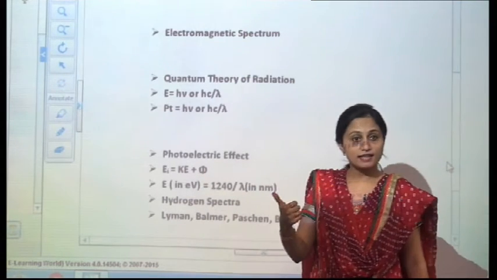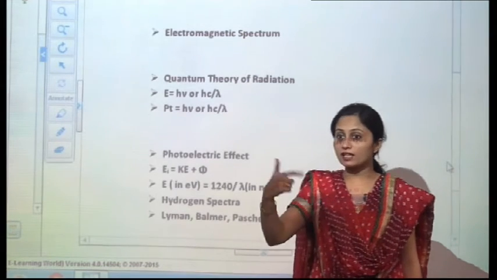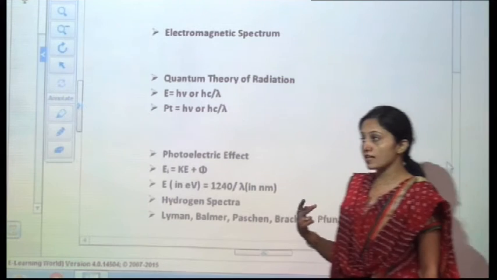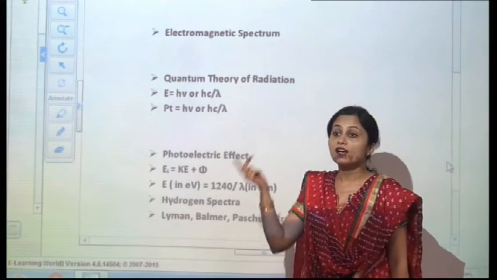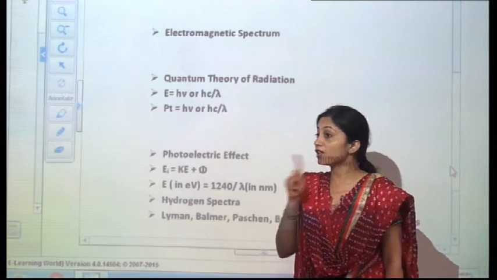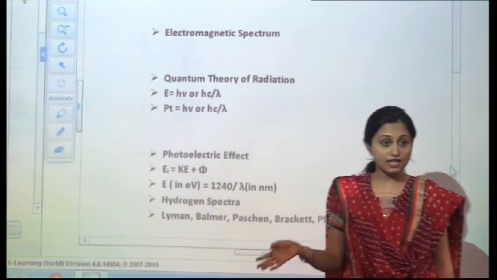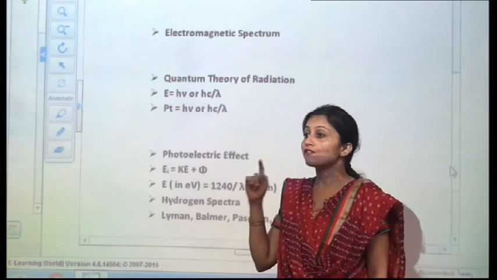There were four important postulates of the photoelectric effect. One, you need the threshold frequency or the threshold energy for the electrons to be ejected. The second was that the kinetic energy of the ejected electrons depends upon the frequency and not the intensity as was believed earlier. This was a deviation. Remember, kinetic energy is directly proportional to frequency.